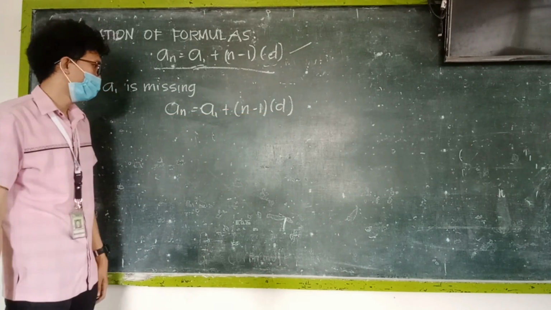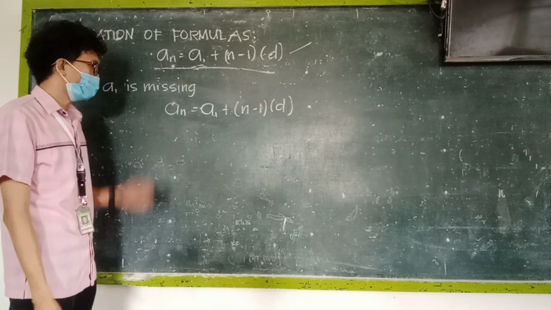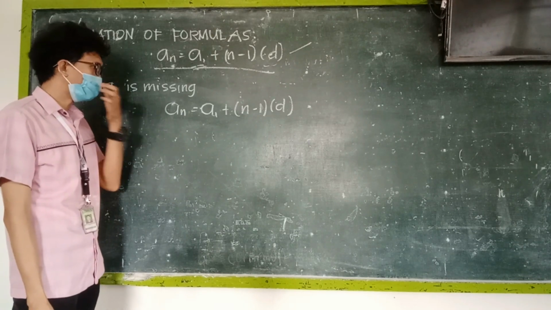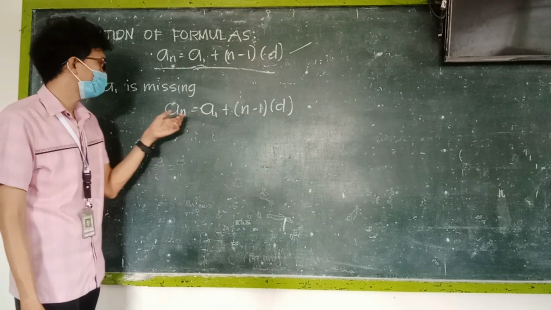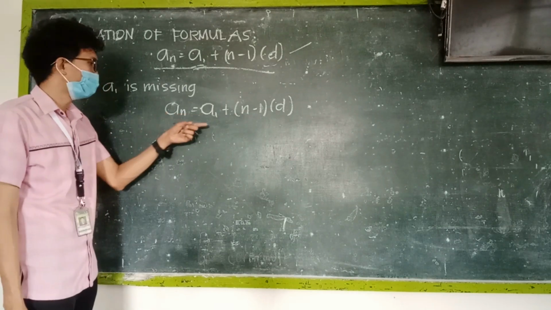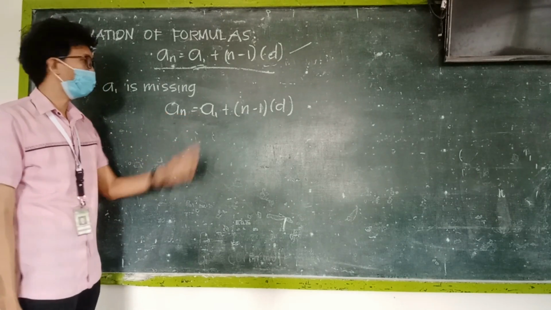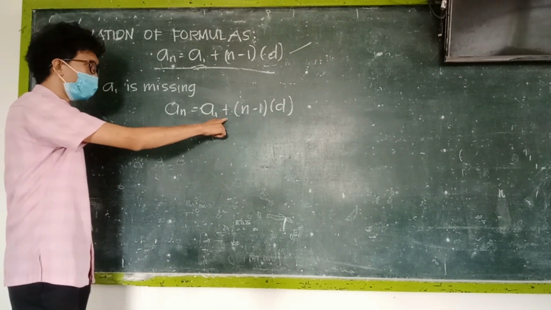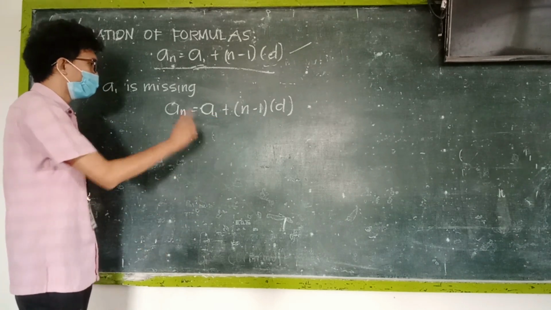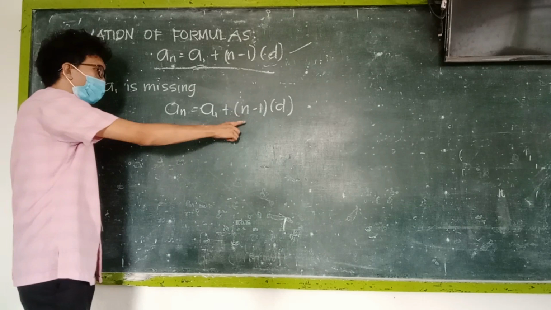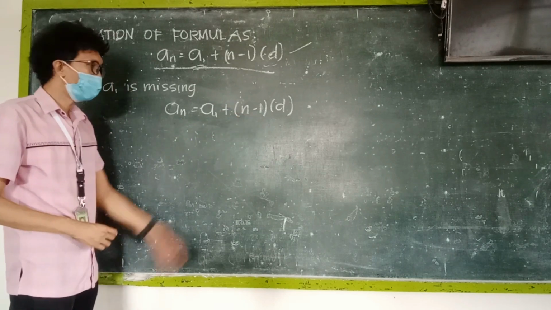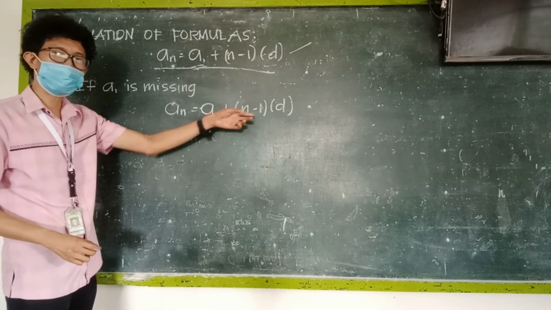So, ang gagawin lang natin dito, is ililipat natin yung n minus 1 times d dito sa left side of the equation para matira ang a sub 1. So, since addition tayo dito, pwede nating isubtract both sides of the equation by n minus 1 times d para ma-eliminate ang n minus 1 times d dito sa right side.